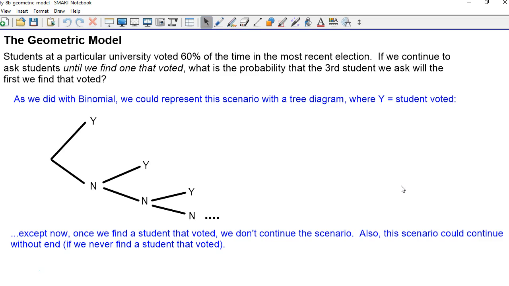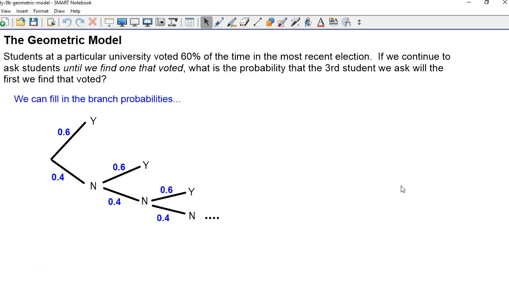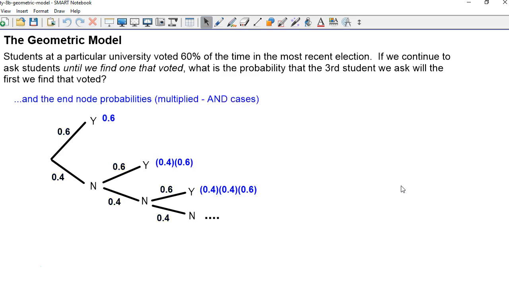Okay, so the tree looks a little differently, but we can still fill in branch probabilities like we did before: 60% chance that a student voted or 40% chance that they didn't vote. And the end node probabilities would be, in all cases except the first one, some AND cases with multiplication. So the probability that we find a student voting on the first student would be 60%, the simple probability.